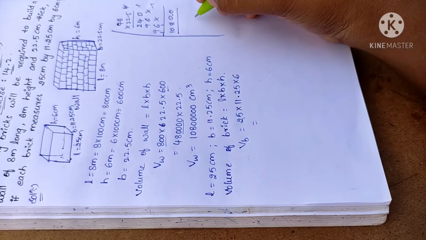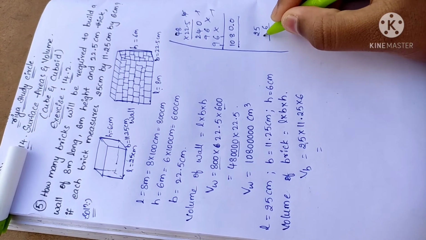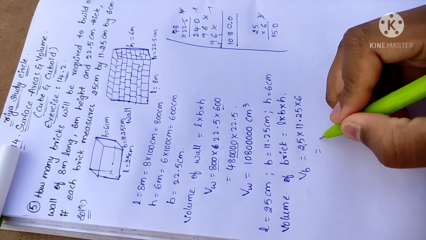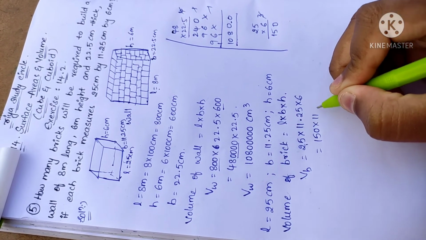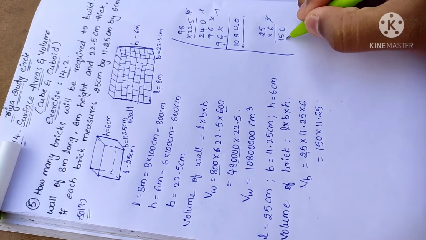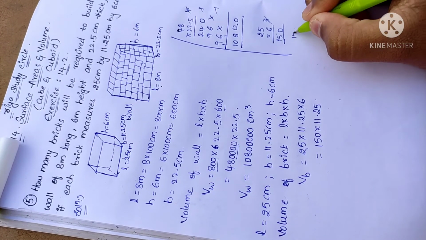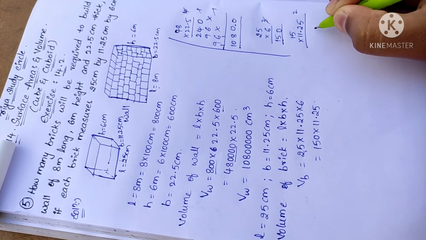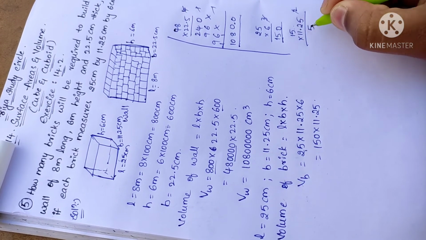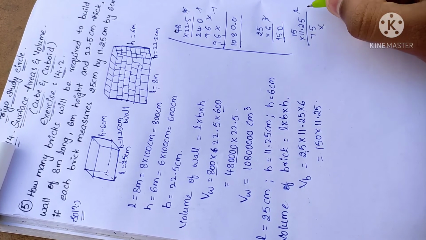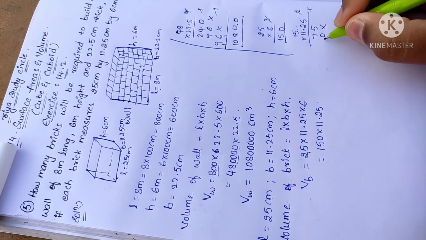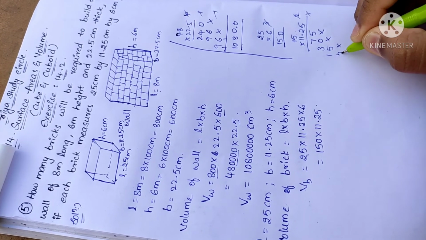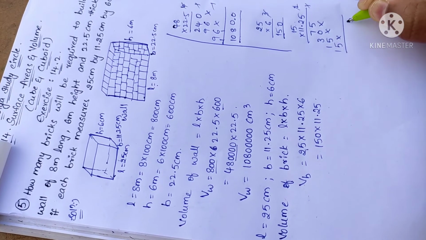Here I am doing multiplication. 25 into 6. 6 5s are 30 and 6 2s are 12 plus 3, 15. So we get 150 into 11.25. So 15 into 11.25: 5 5s are 25, 5 1s are 5, and so on. Now we have to do addition.